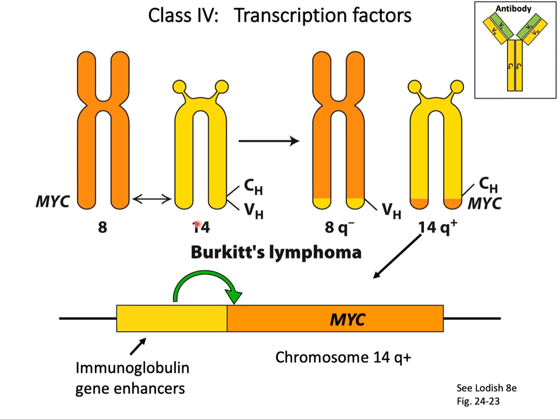What I mean by this is that a portion of chromosome 8 and a portion of chromosome 14 are exchanged, and they are exactly the same size. That's why it is called a balanced translocation, and so there is no change in the size of these chromosomes. There is just an exchange of one part.